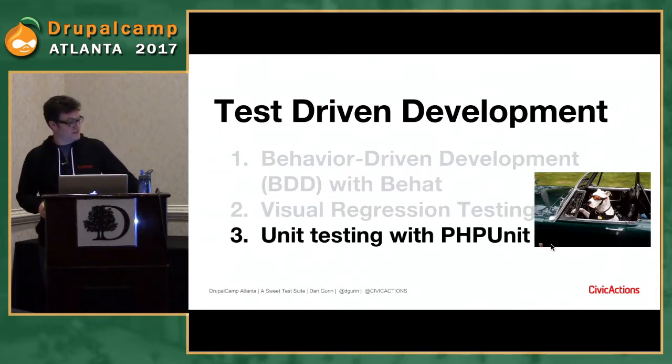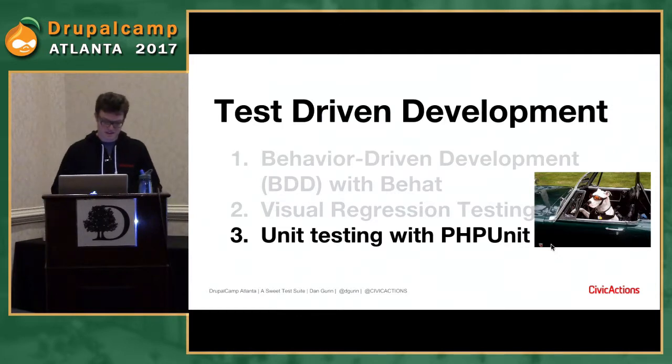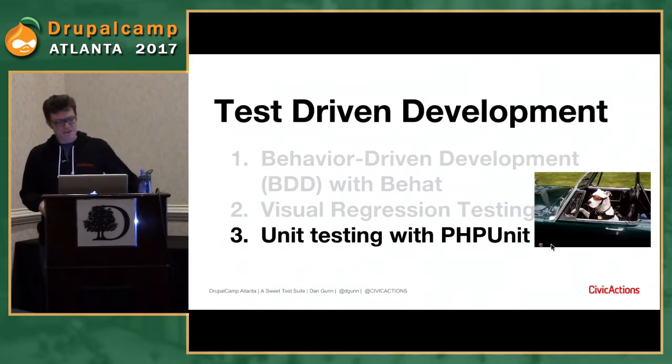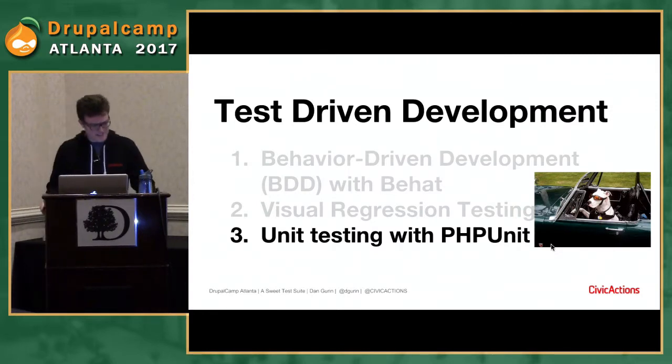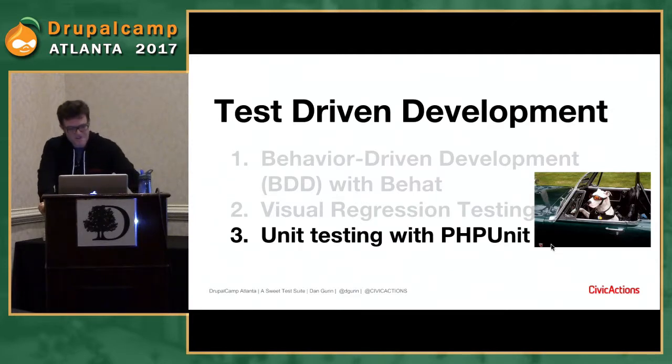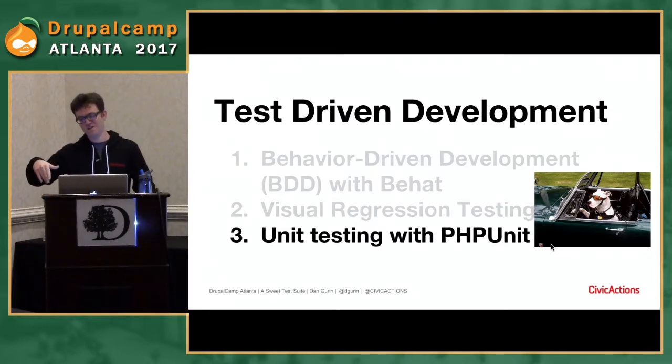Take a look at unit testing now, and this is mostly with PHPUnit. With test-driven development, we do have a tendency to write tests after the fact, but test-driven development kind of turns that around, where you write the test first and it fails, and then you write the code.